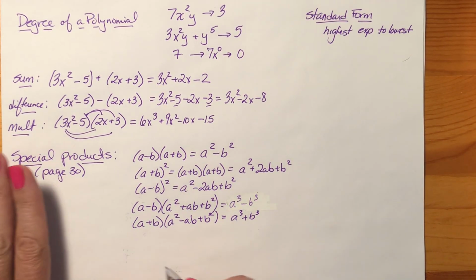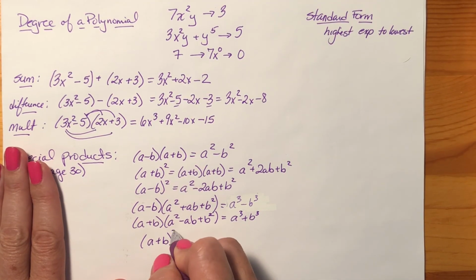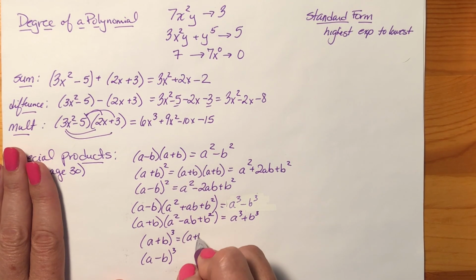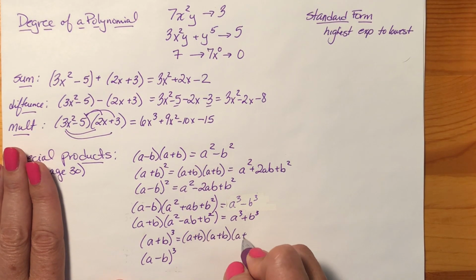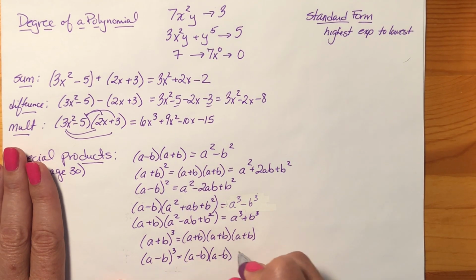And finally, my last one, which we don't use that much, but it's in the chart. Our author really likes it. If we were to take these and FOIL them out, this would be a plus b times a plus b times a plus b. And similarly, we could do this down here for the minus. Now, Pascal's triangle would be fabulous right here, right?